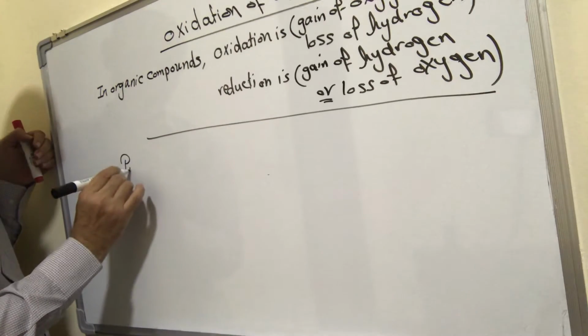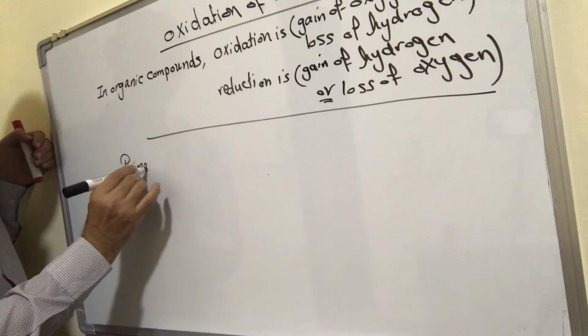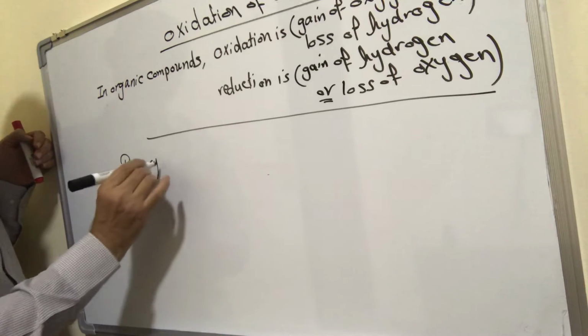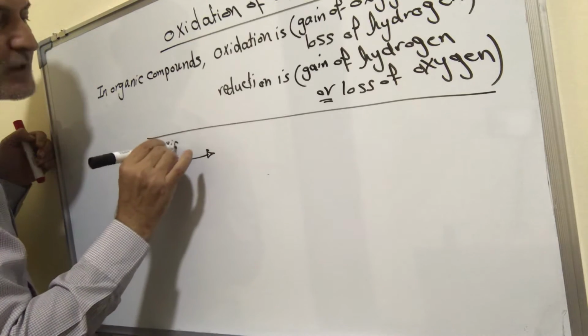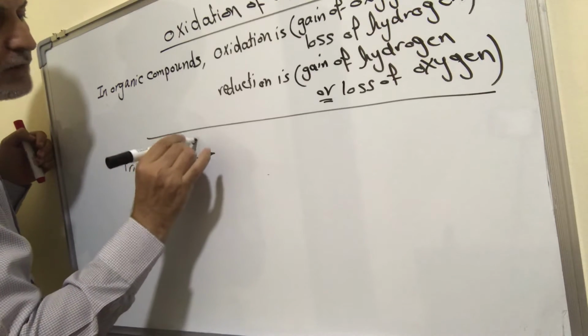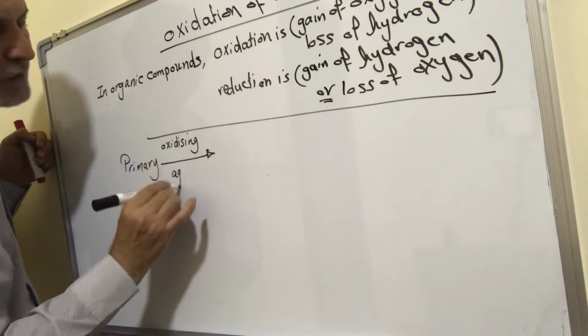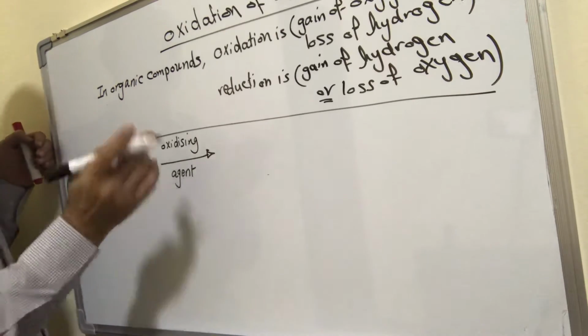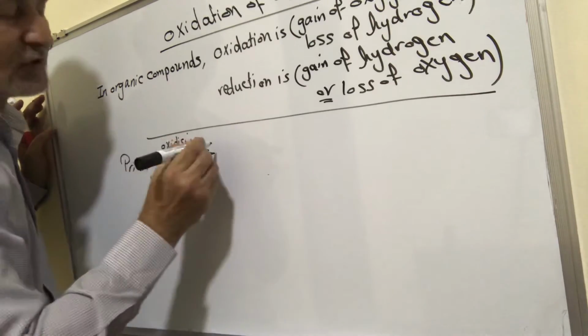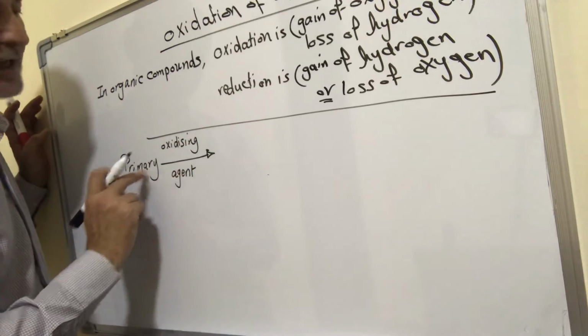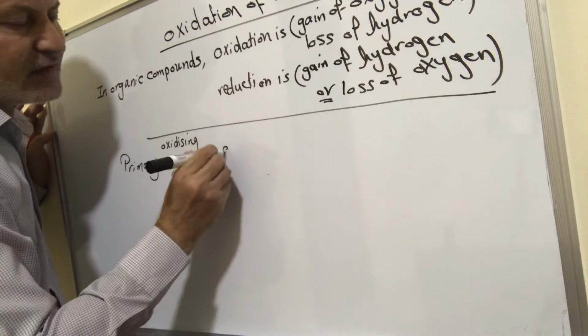Primary alcohol, when you start with it and oxidize it using an oxidizing agent, because any process of oxidation needs an oxidizing agent, while a reduction process needs a reducing agent. In the first process, primary is being oxidized, giving aldehyde.